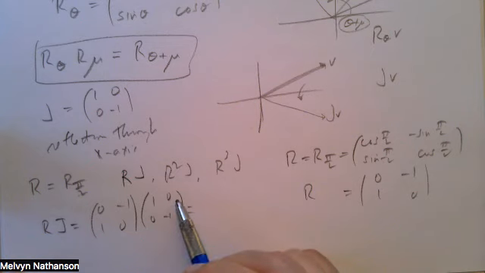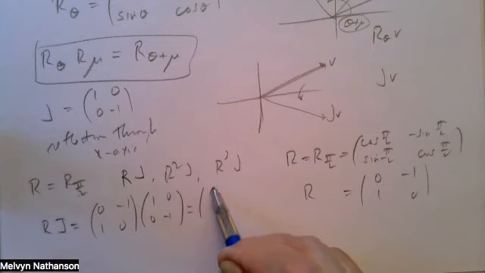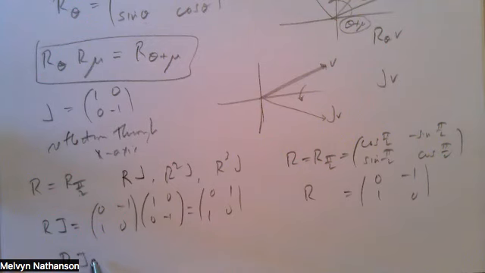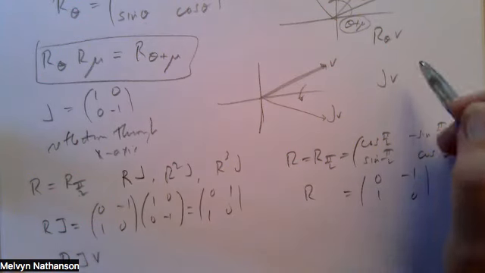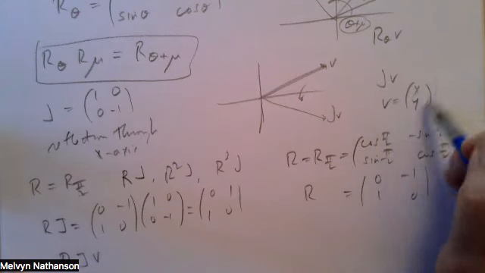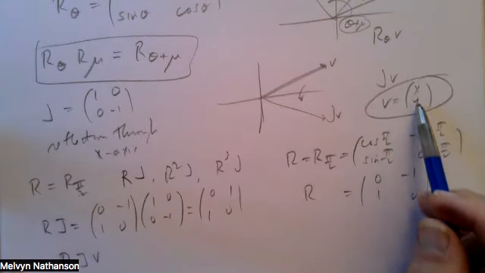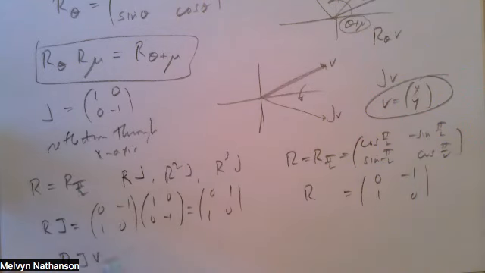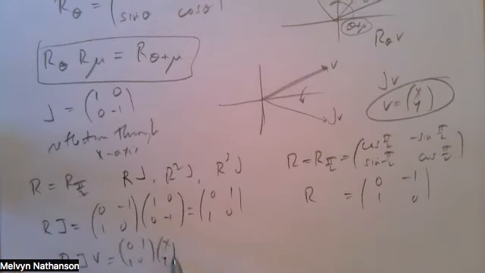If you multiply them together, you get 0, 1, 1, 0. So Rj applied to a vector v, I'm going to write my vectors as column matrices, v is xy. So this is 0, 1, 1, 0 applied to xy.